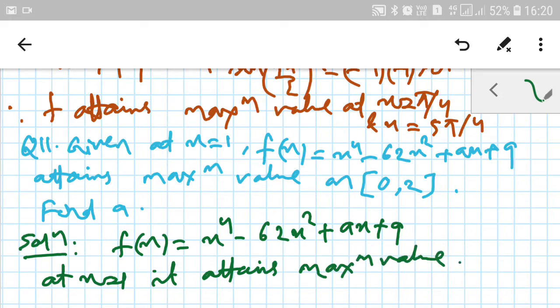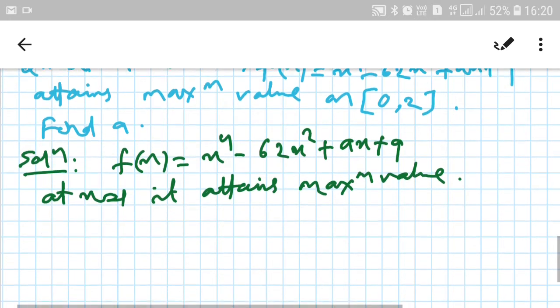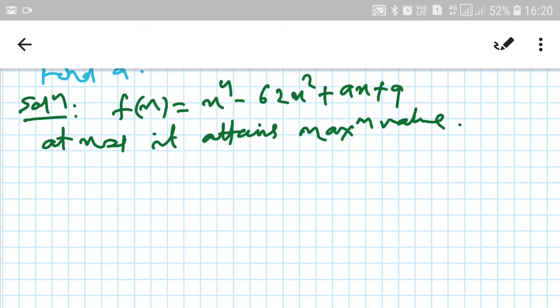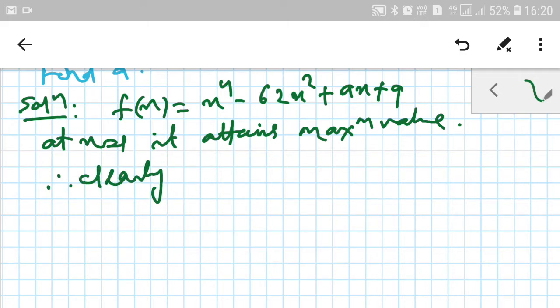If it is so, clearly a function attains its maximum value at the critical points. Therefore, clearly x equals 1 is a CP. CP stands for critical point.